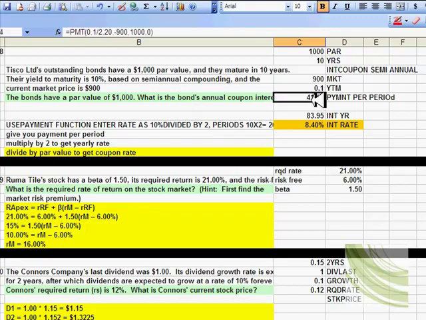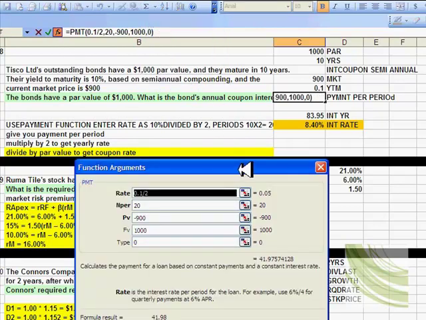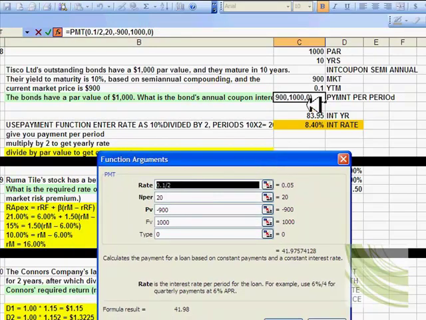So the payment, use the payment function to figure out what the payment is. So click on the payment function. So on the payment function, your rate is semi-annual. Take the rate of 0.10. This is the yield to maturity. Divide that by 2. Net periods, instead of 10, now they're 20 because it's a semi-annual.